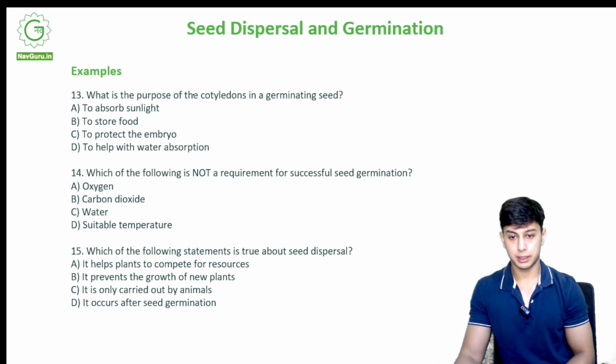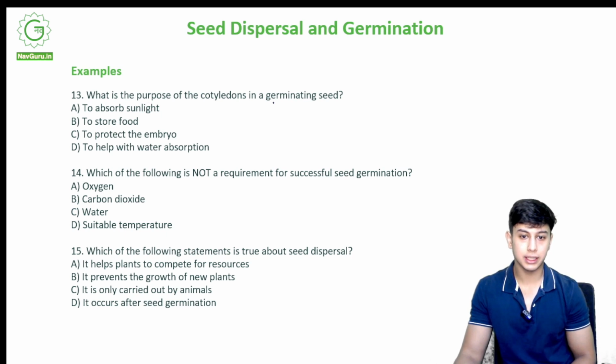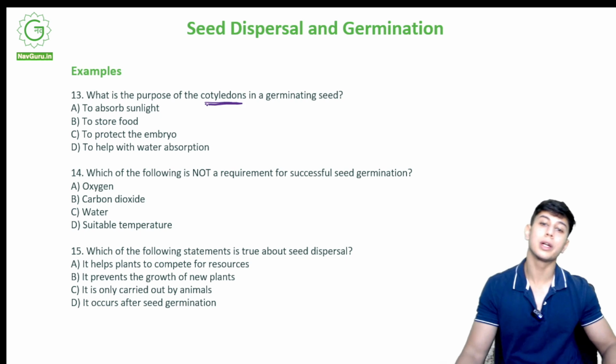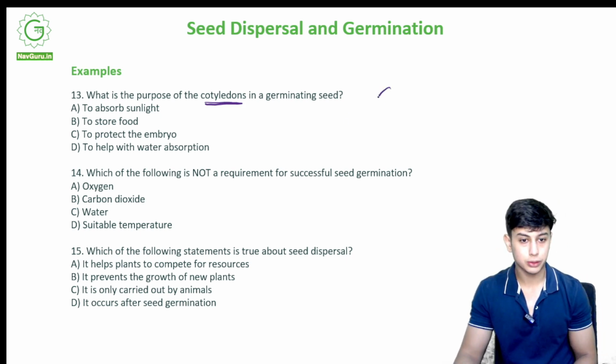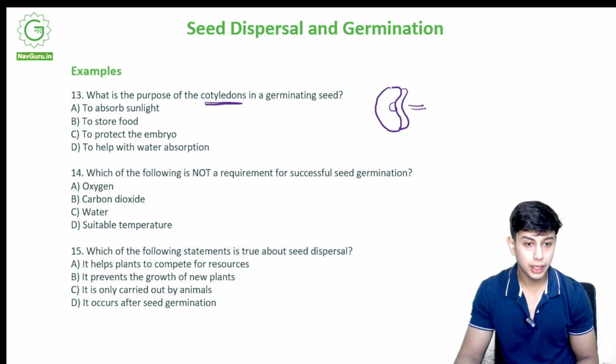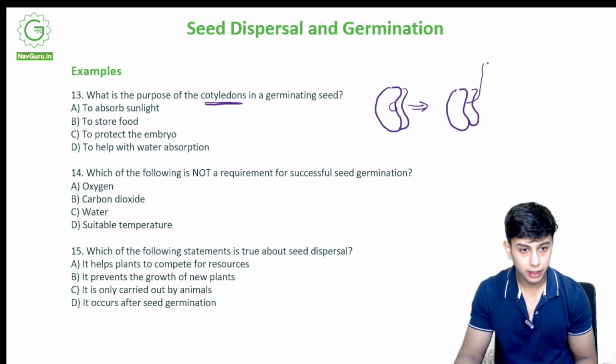What is the purpose of the cotyledons in a germinating seed? What does the cotyledon do? I have told you cotyledons provide energy. Let me show you again. So this was a seed, and this had cotyledons. Now it develops a little bit of plumule, a little bit of radicle. After this, all of its food will be used.